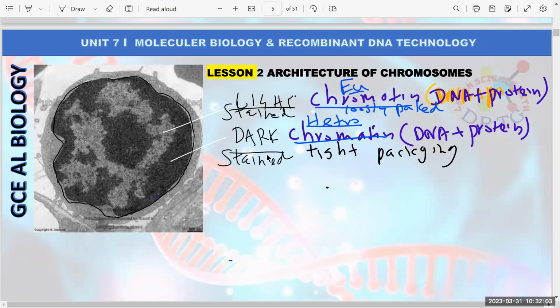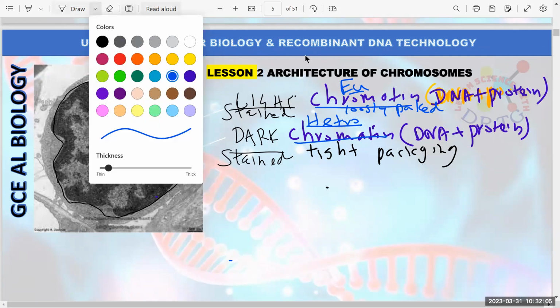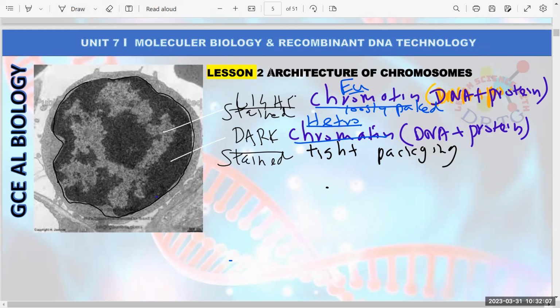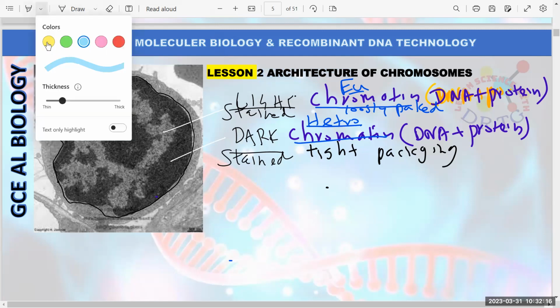So we are going to learn the architecture of chromosomes: how these DNA molecules are packed into chromosomes.